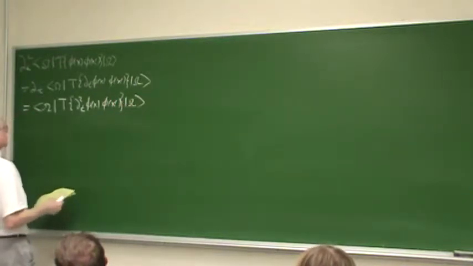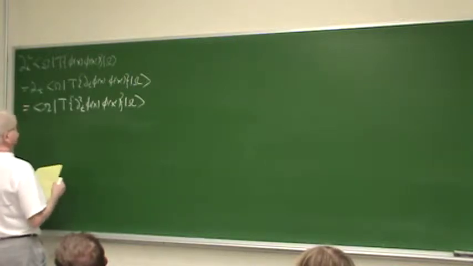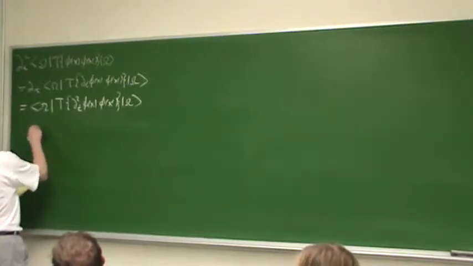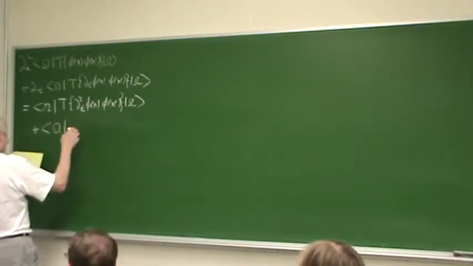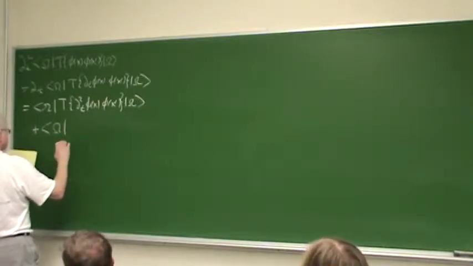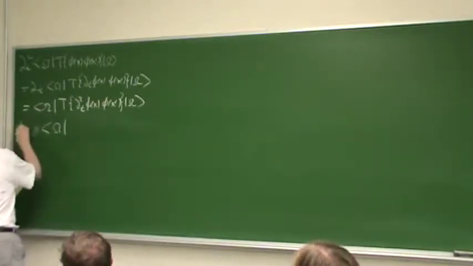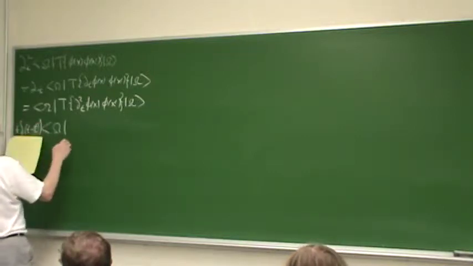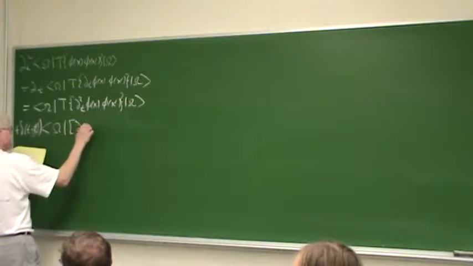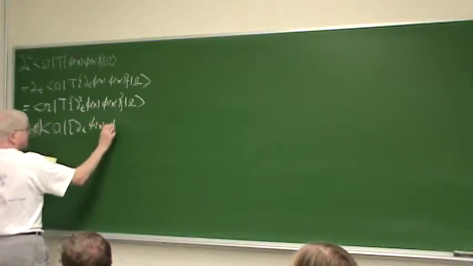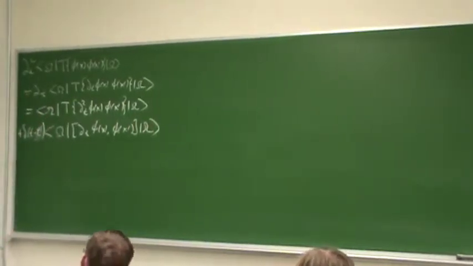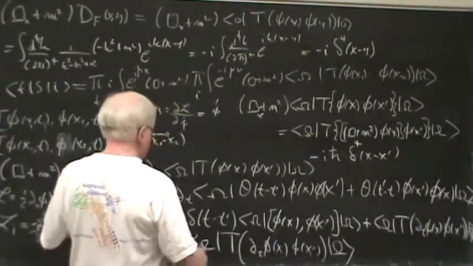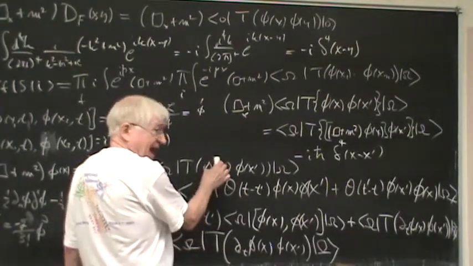But then there's the extra term, and the extra term now is going to be delta of t minus t prime, and then it's going to be the commutator of dt phi of x with phi of x prime. So in other words, in the first case over here, this could have been anything, this could have been A, okay?